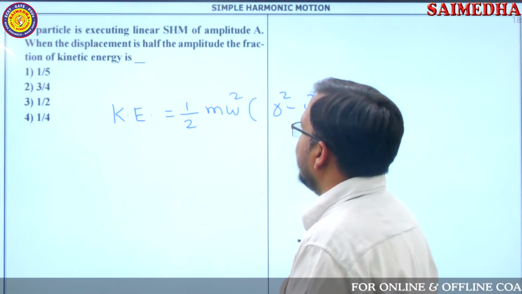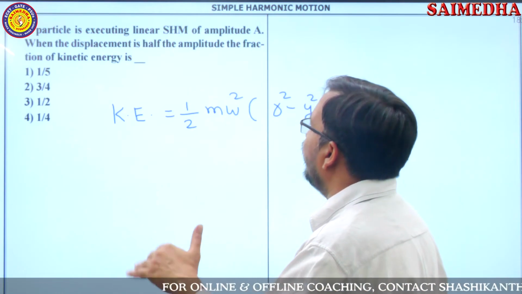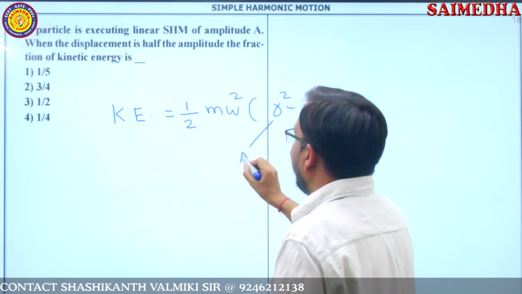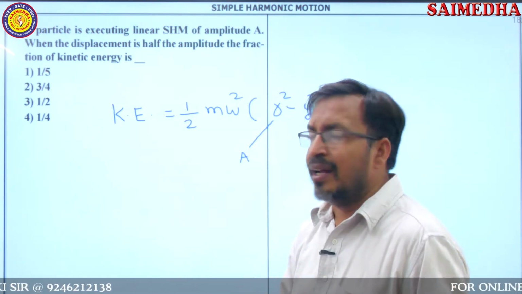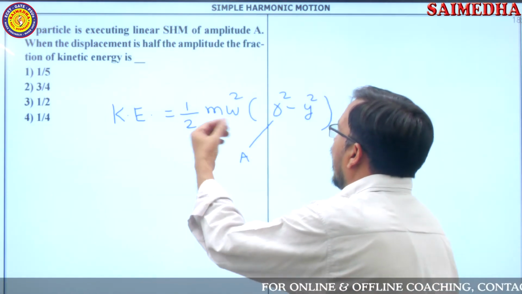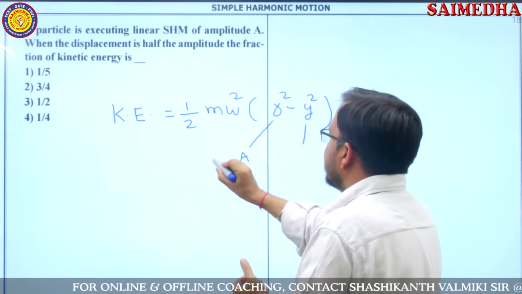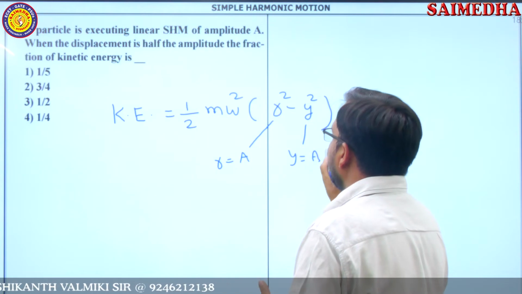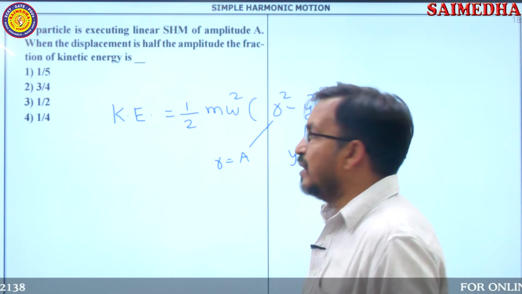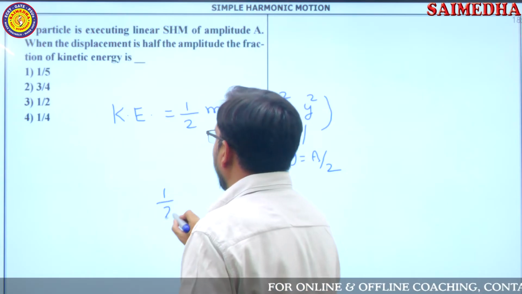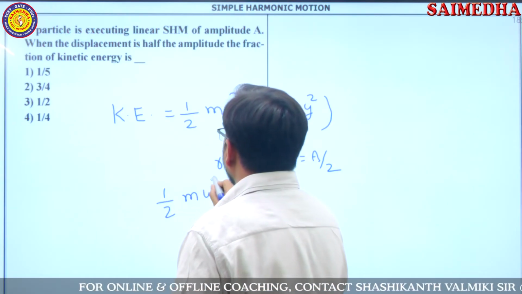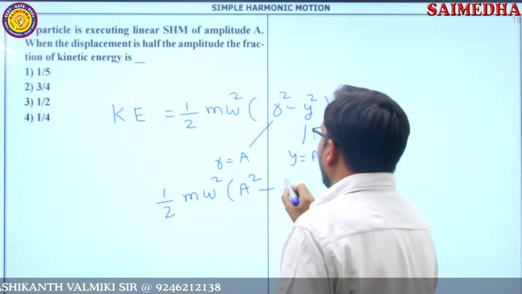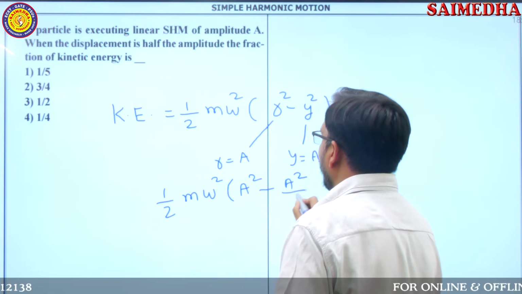Here the displacement is half of the amplitude. So I am writing r equals A, because the amplitude is given as A, and when the displacement is half of the amplitude, y equals A by 2. Then half m omega square into A square minus y square, that is A square by 4.